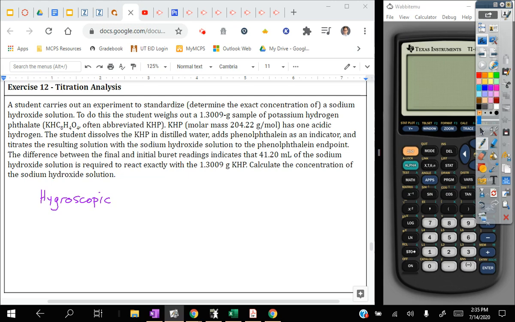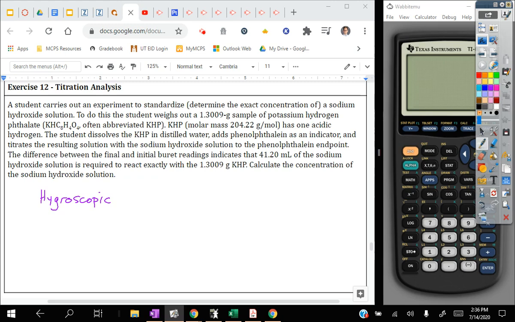This presents a problem because when you go to measure an exact amount of solid sodium hydroxide, you end up measuring both sodium hydroxide and some small percentage of water. As a result, it doesn't matter how accurate your scale is when you measure your sodium hydroxide. When you make your solution, it is going to be slightly off due to the extra water that has already been absorbed by the solid. So we need to standardize our sodium hydroxide solutions to find out their exact concentrations.